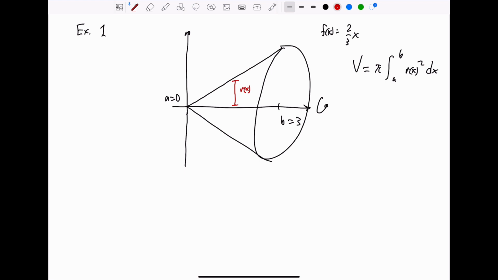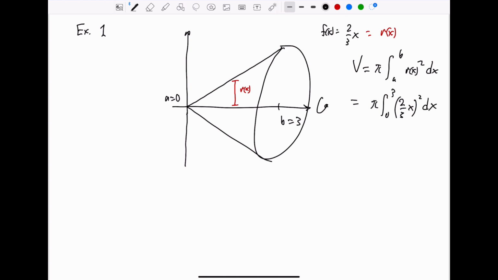This won't always be the case, but for this example, the radius is simply the y value of the function. So we can plug that straight into the integral, and we have pi times the integral from 0 to 3 of r of x squared, that's 2/3 x, quantity squared, dx.